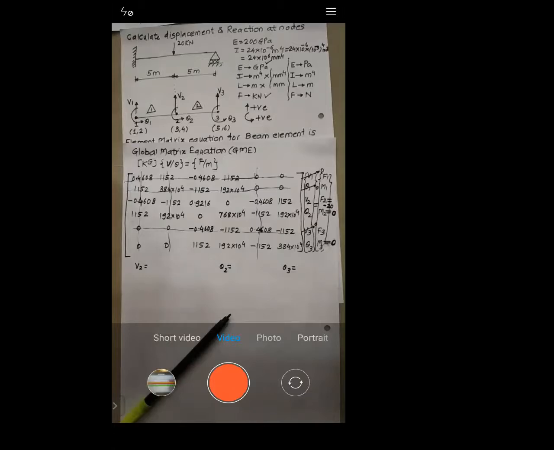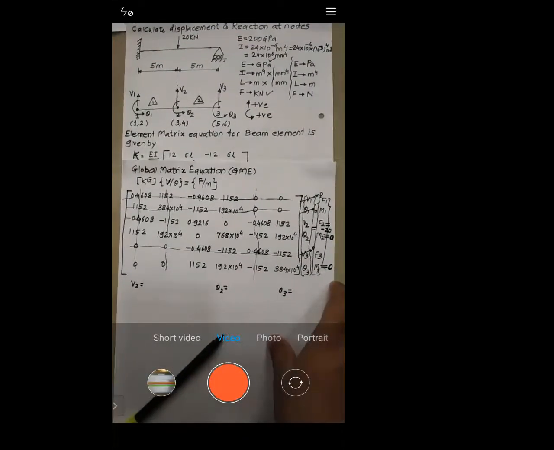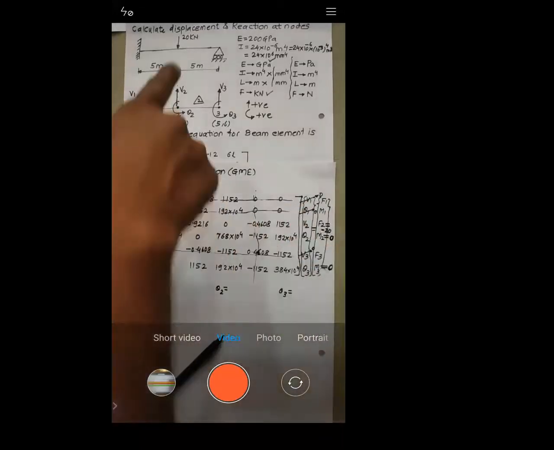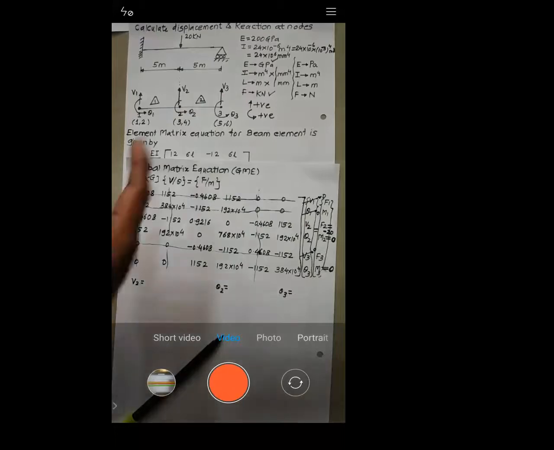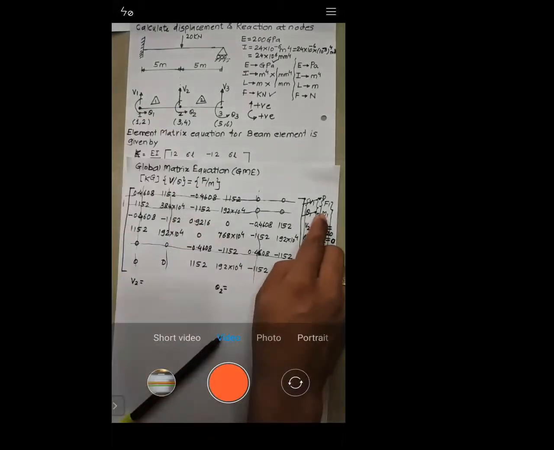Why are you separating? Is there any moment applied in the given problem? See, let me clear you. After the application of this load, a moment will be produced at node 1, which we are supposed to calculate as M1.